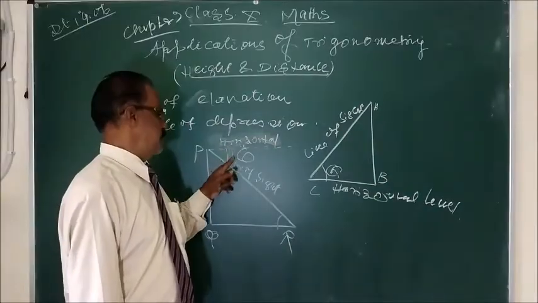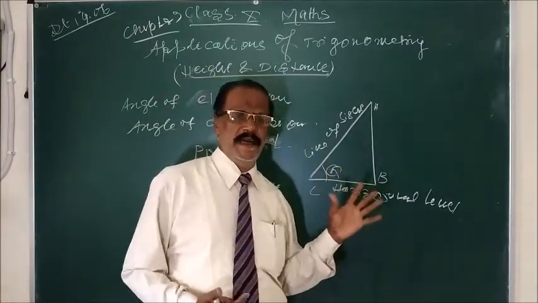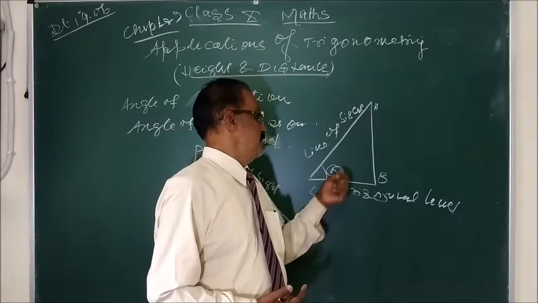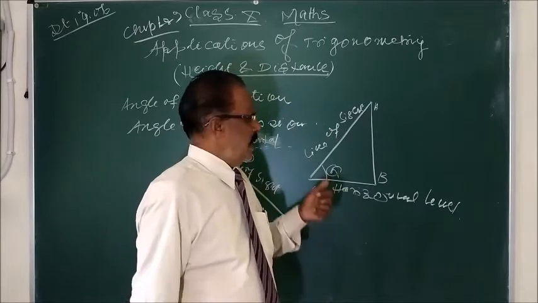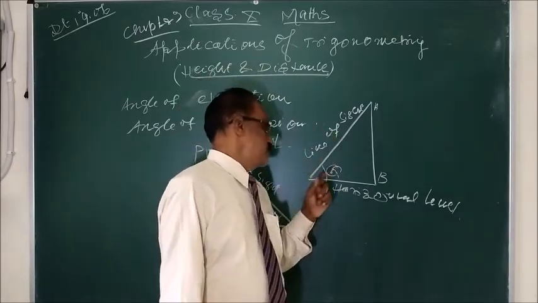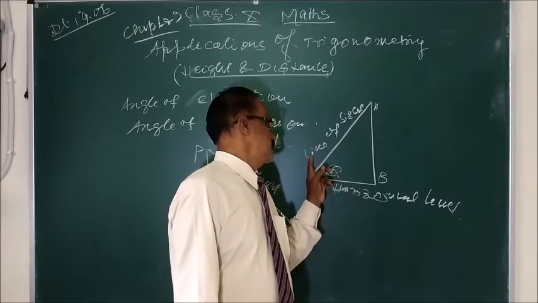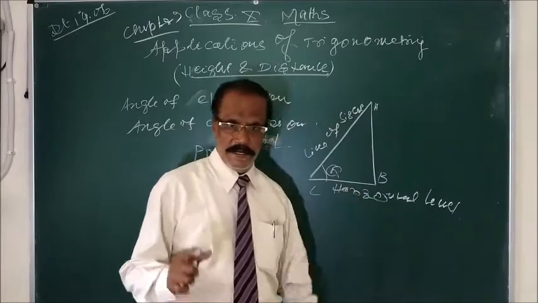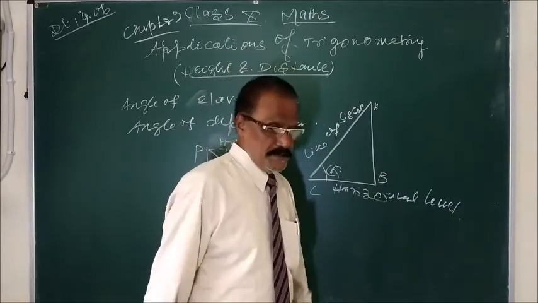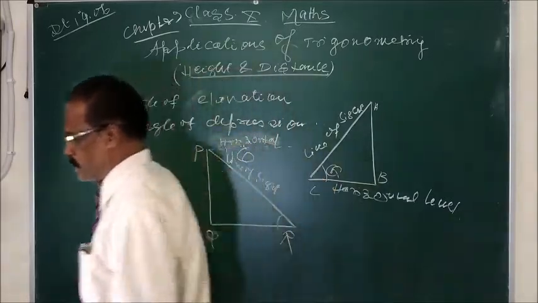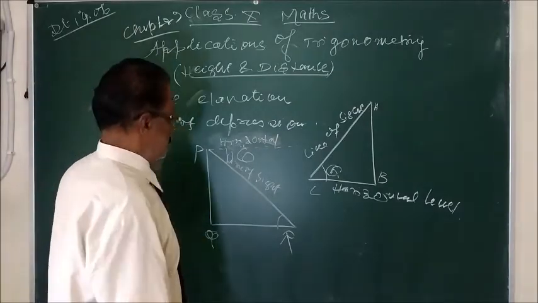This angle is called angle of depression, and now the position is reversed here. You are here, and A is the top of the building or tower, and now you are observing. So another angle is formed here, between the line upside and the horizontal level, that is called angle of elevation. So if you have understood these two terms, you can solve the questions of height and distance.